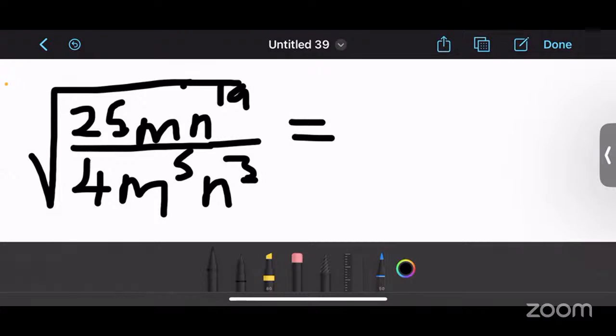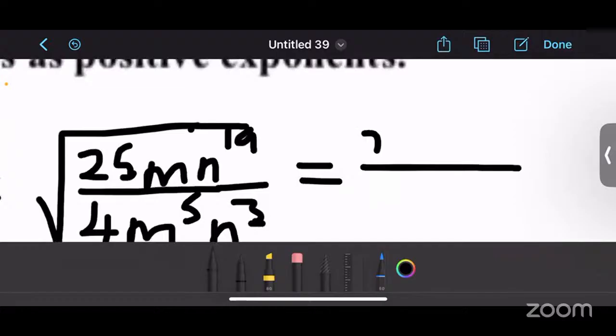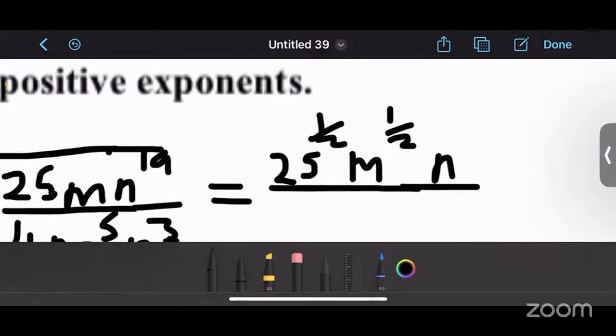What I got was 5 over 2, then m to the power of a half, then n to the power of 19 over 2. You get rid of the square root, so you have 25 to the power of 1 over 2, m to the power of 2, n to the power of 19 over 2.